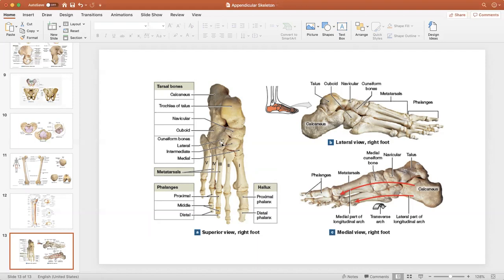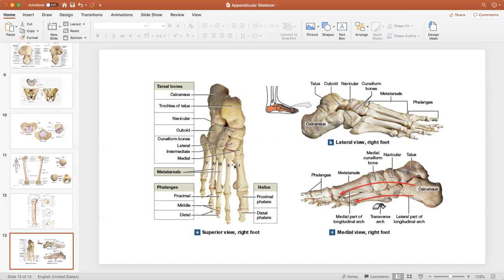So it is named for its relationship to the other cuneiform bones. When I label this one, it is not the medial or intermediate one, because it's in the middle of the foot. It's the lateral cuneiform because it is the most lateral cuneiform bone. So medial, intermediate, and lateral cuneiform bone. Then the cuboid, navicular, talus, and calcaneus.